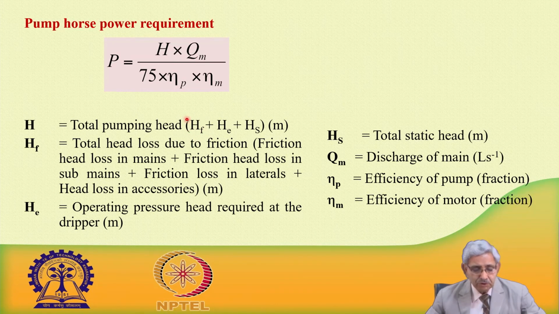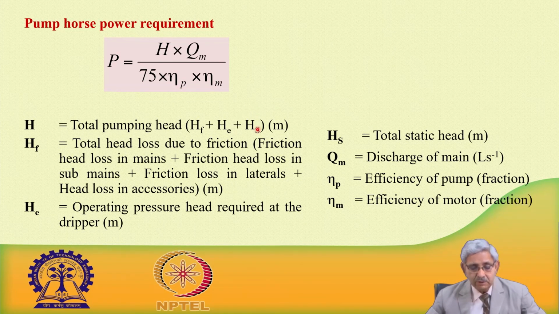This also includes other components of the total head. What I am telling is that this is your operating pressure requirement for the dripper. Normally for drip, 10 meter water column, 1 kg per square centimeter pressure, is enough to operate the drippers, and Hs is the total static head, that is the suction head plus delivery head.